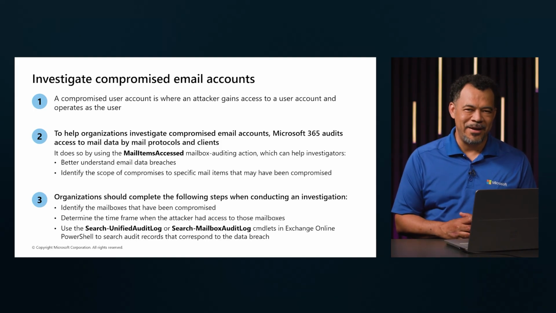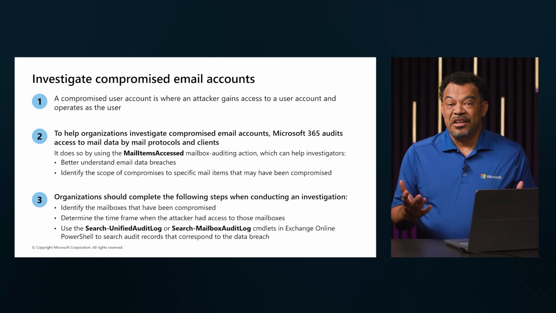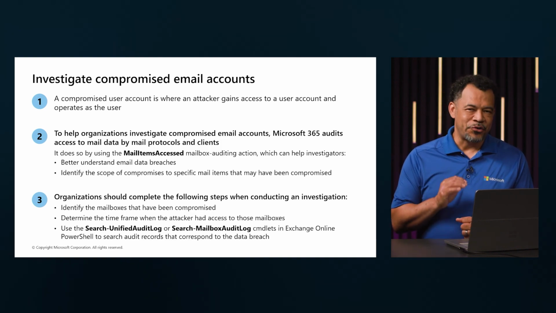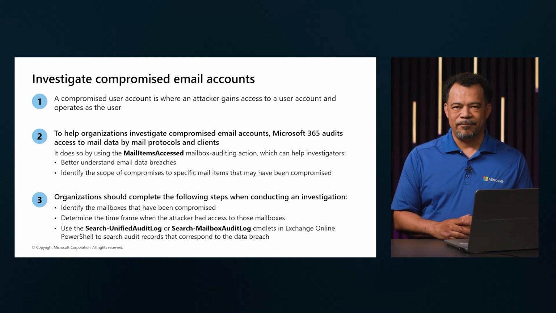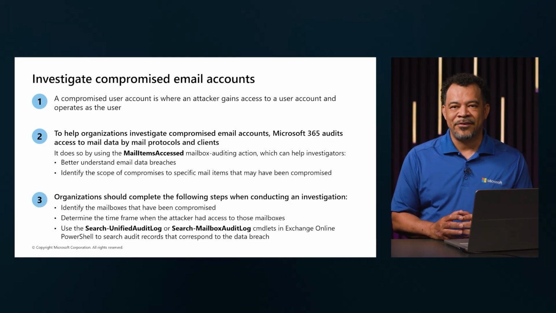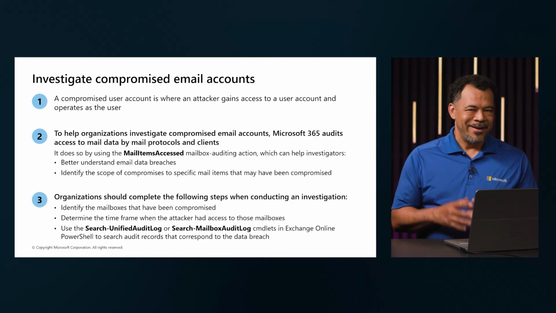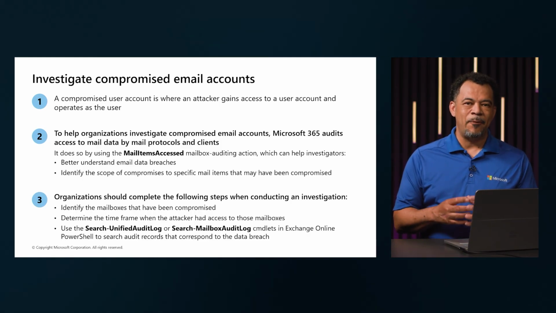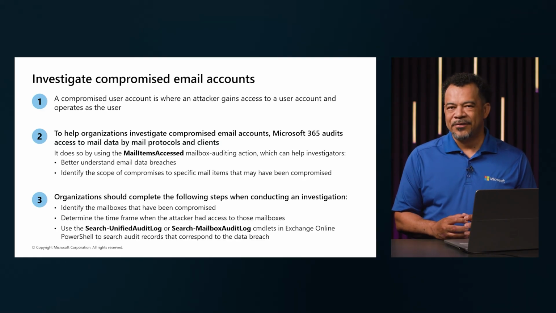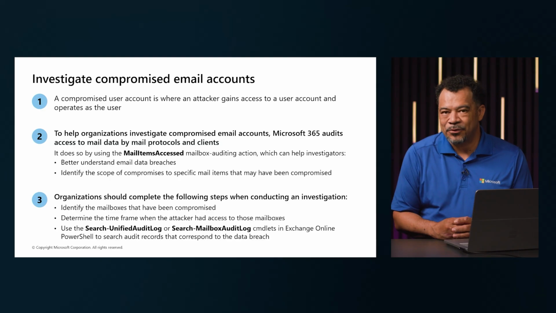A compromised account means an attacker has gained access and is operating as if they're a legitimate user. So it's critical to act quickly and thoroughly. M365 helps you with this by auditing access to mail data through the MailItemsAccessed action. This feature tracks when and how mail items are accessed, giving investigators insight into what data may have been exposed.